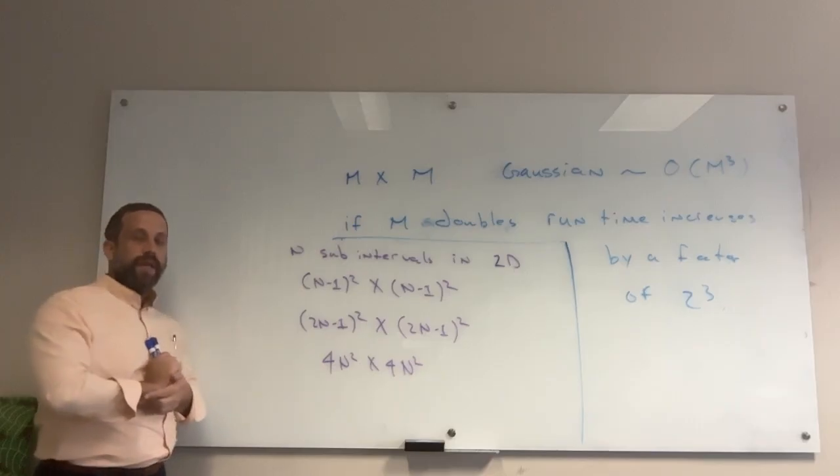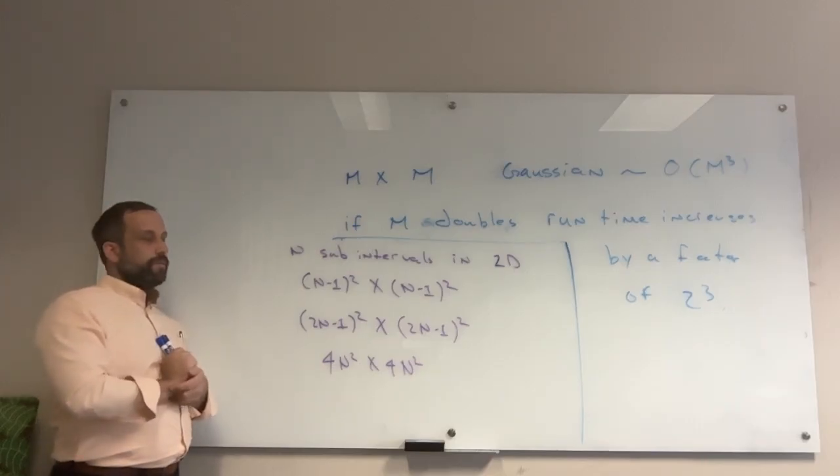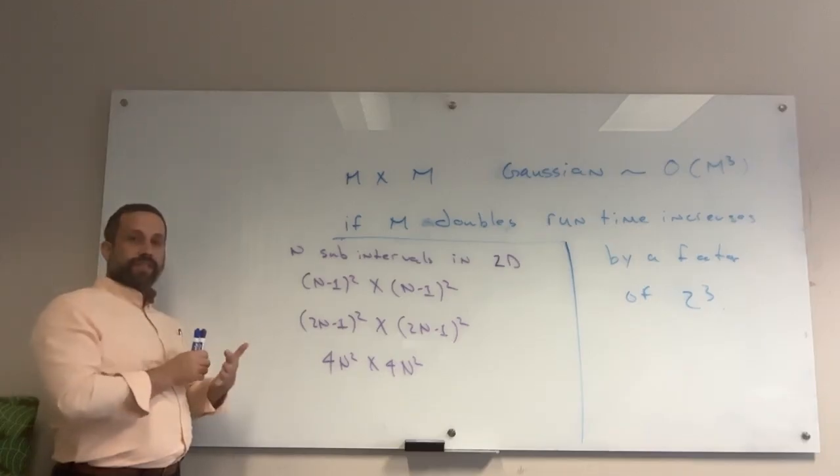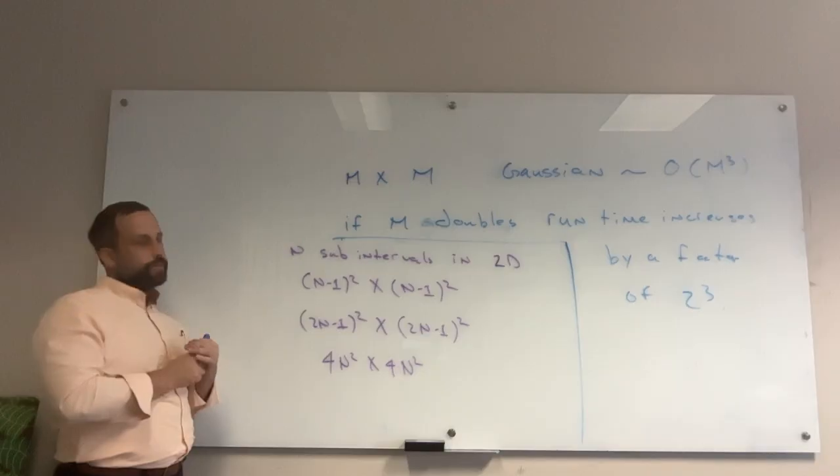So the runtime is going to increase by a factor of 64. And if we're in 3 dimensions, the runtime is going to increase by a factor of roughly 512.